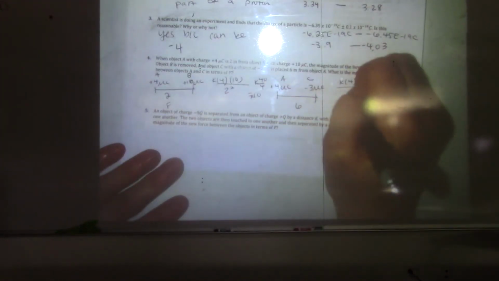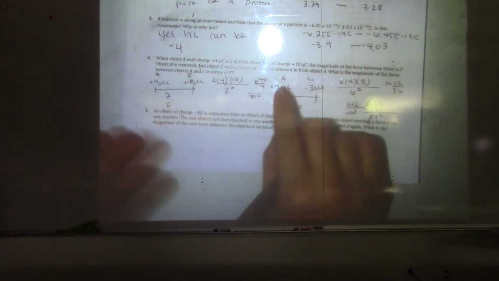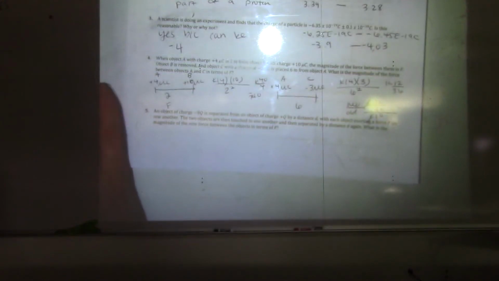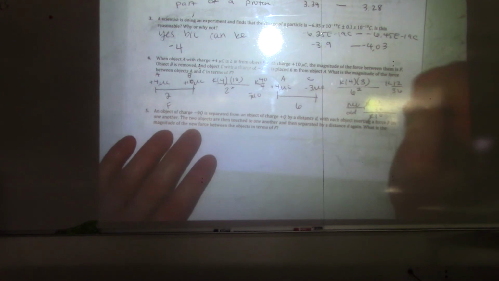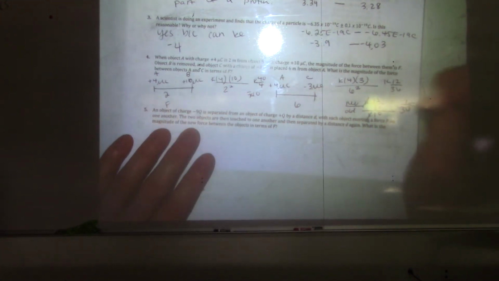Now I'm going to do new over old, 12 over 36 over the 10. The k's cancel out, just like the micros would have if I had not ignored them from the beginning. And then you just do it in your calculator, and you get 1/30. So if my old force is F, the factor difference is 1/30, so my new force is just 1/30 F.